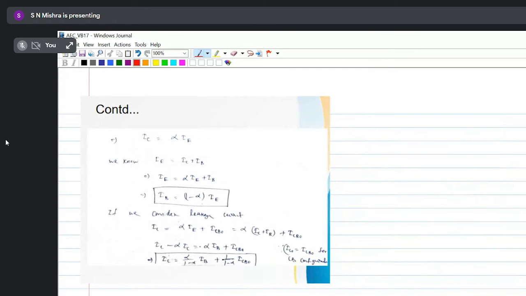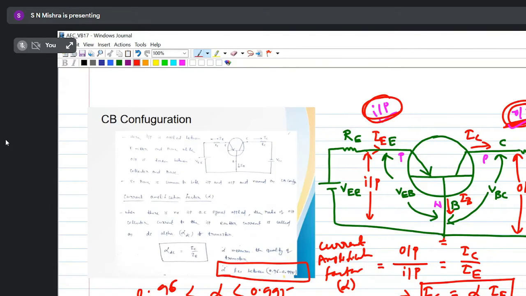Now let us expand this equation a little. This is my output, this is my input, so I have expressed the output in terms of the input. Now I want to find it in terms of IB.